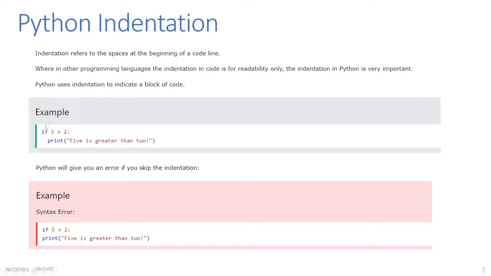So for example here, we have if, then we have a colon, and then again we should indent. That means this one is a part of the if block, part of the statement. Now, if you don't indent, just like in this case, Python will give you an error. So this is a syntax error.